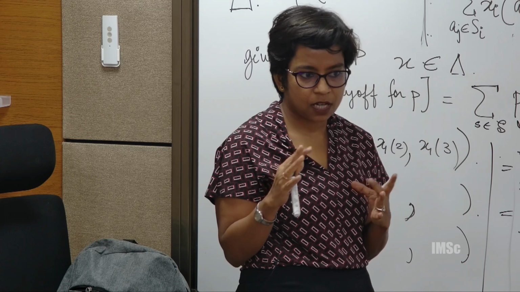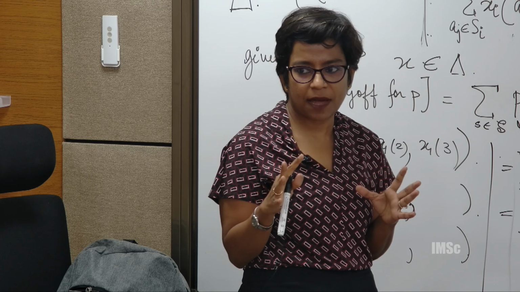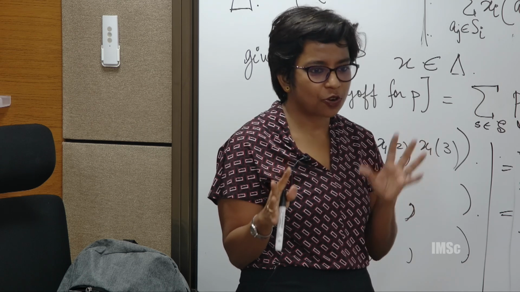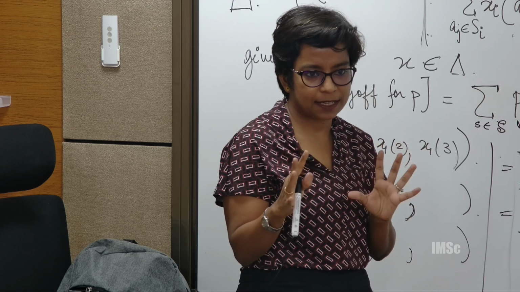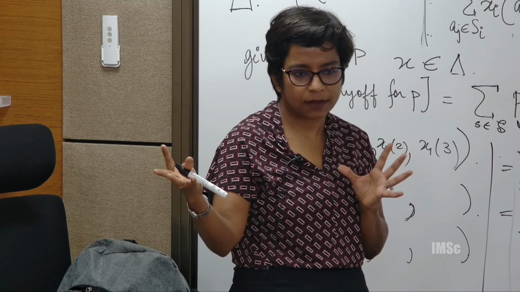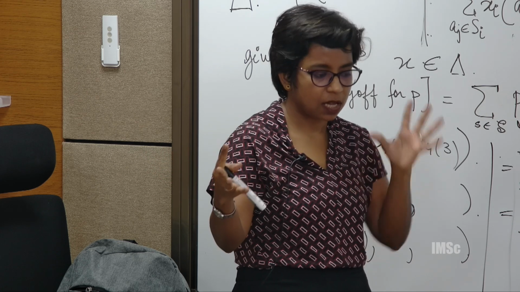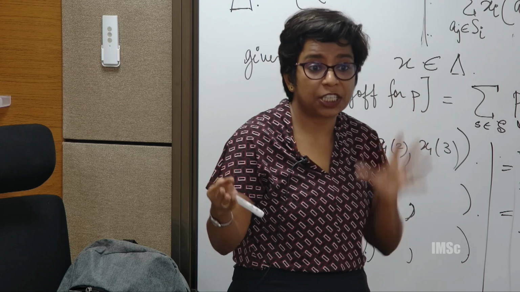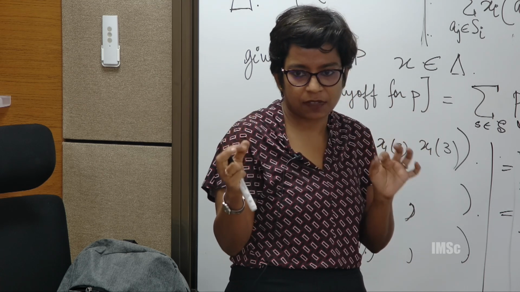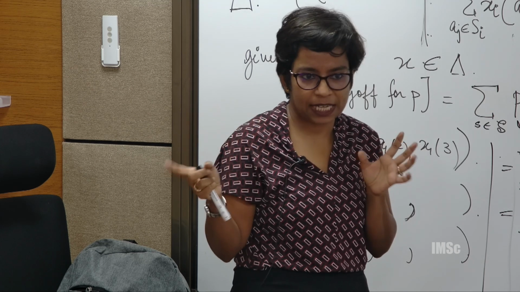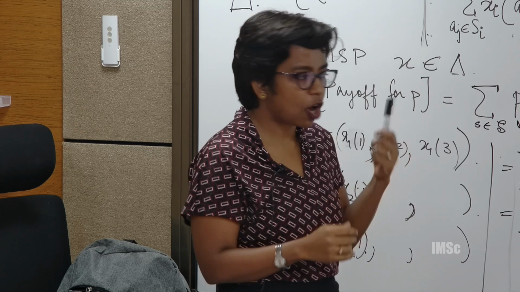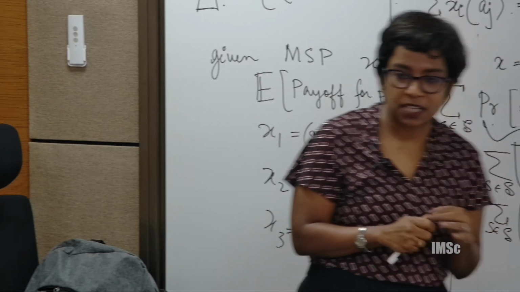So, rock and scissor, let us say. Rock is beating scissor, and the person playing scissor realizes if I switch to paper, I will win. It is a unilateral strategy, because the other person is still continuing to play rock, he is not changing. That is a very important part about Nash equilibria that I need you to keep in mind. It is a unilateral strategy, only one person changes, everybody else remains the same. So, rock paper scissors does not have a pure strategy Nash equilibria.